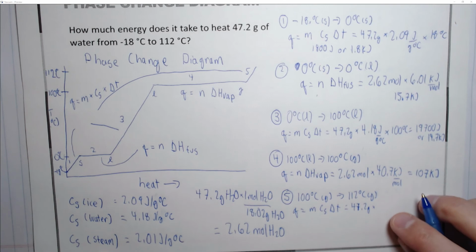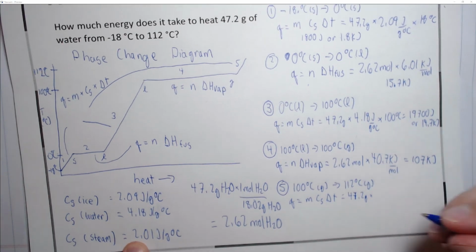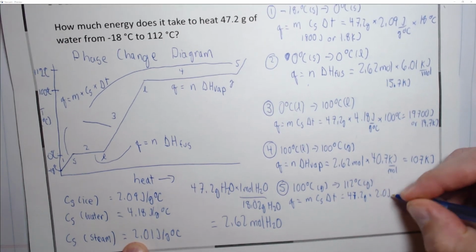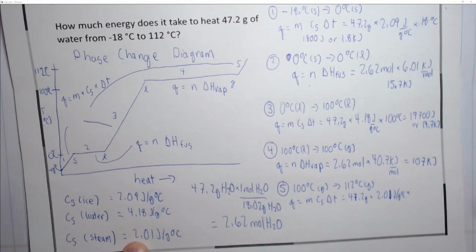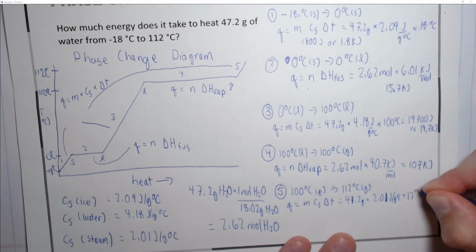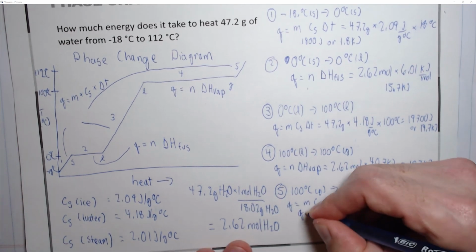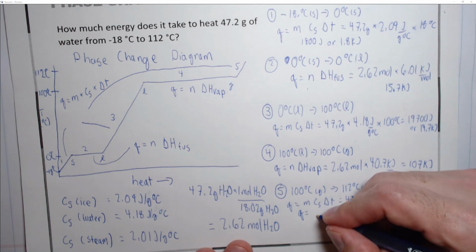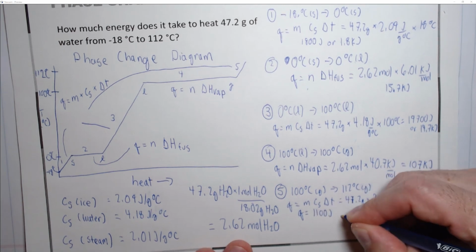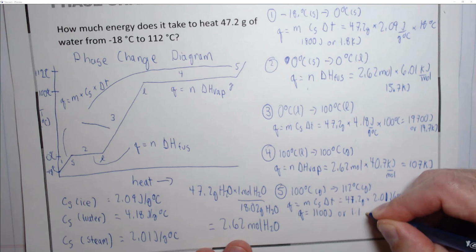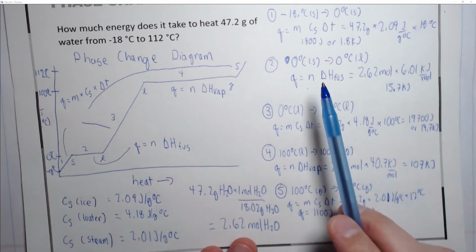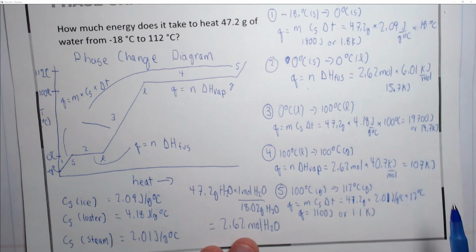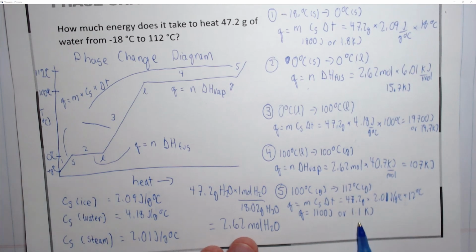The specific heat capacity of steam is 2.01 joules per gram degree C. And the temperature change here from 100 to 112 is 12 degrees C. When we do that, we find that Q equals 1100 joules, or 1.1 kilojoules.